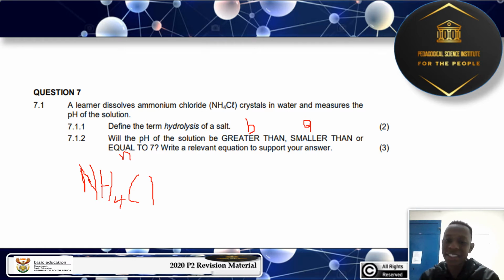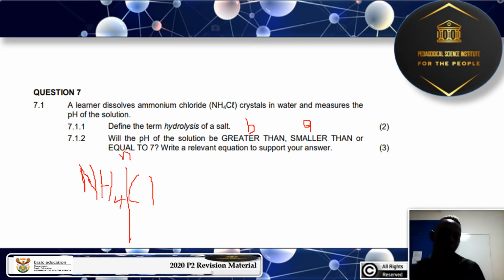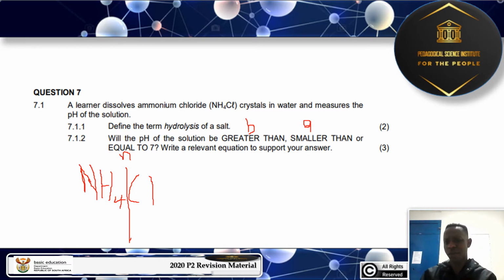So the first thing that we are going to do is separate here. We are going to draw a line over here. Then NH4Cl. Where does this NH4 come from?